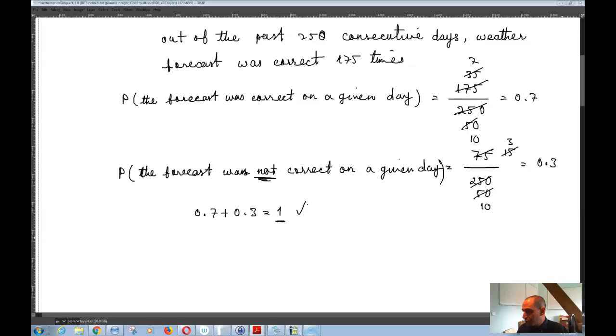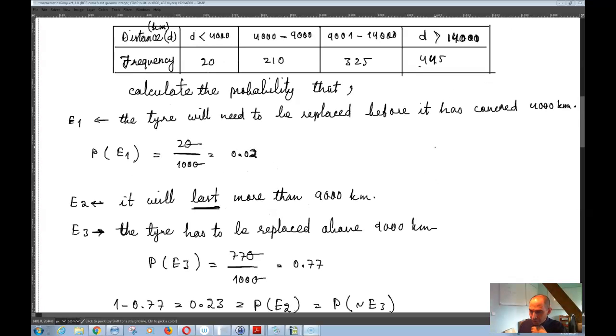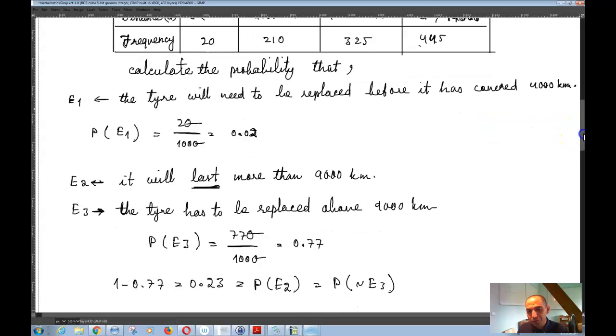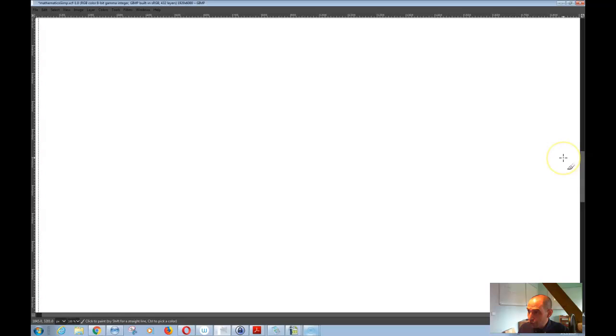We have another question here. Example number 6 is about a tire manufacturing company, which I think has a logical problem. I remember that I tried to solve this problem the previous time I was reading this book, but I couldn't.